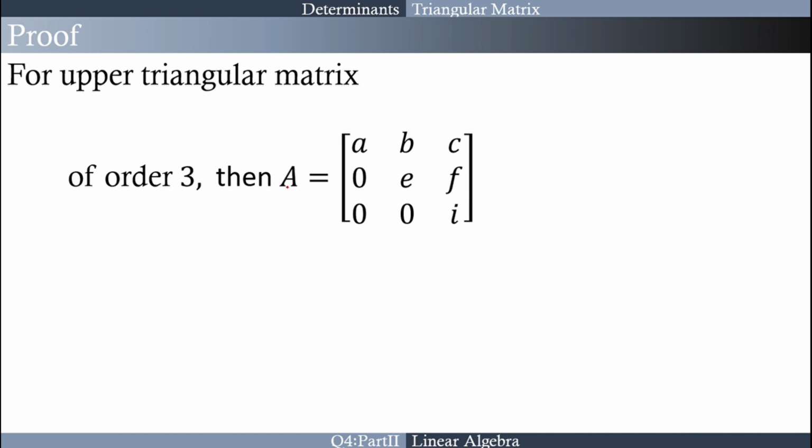To get the determinant, it is always best to work with a row or column that has a bunch of zeros. In this example, our matrix A has its first column with a bunch of zeros.